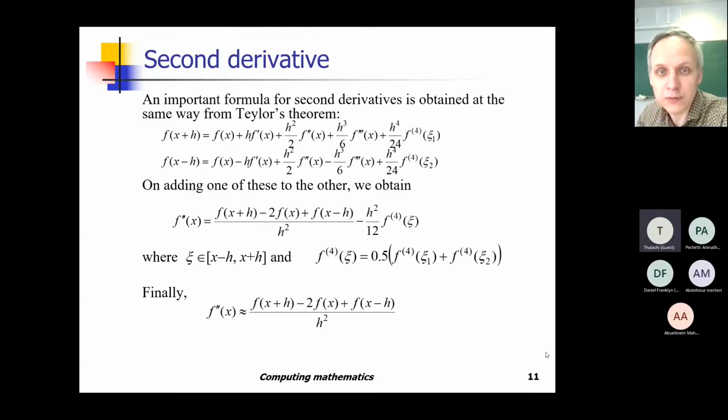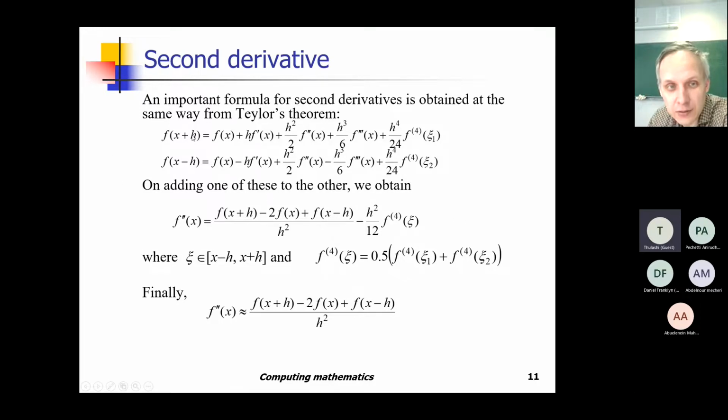Let me open it full screen. They differ in the sign of h to the power 1 and h to the power 3. Because when we have h squared, positive h squared gives us h squared, negative h squared gives us h squared. But plus h becomes minus h, plus h cubed becomes minus h cubed.